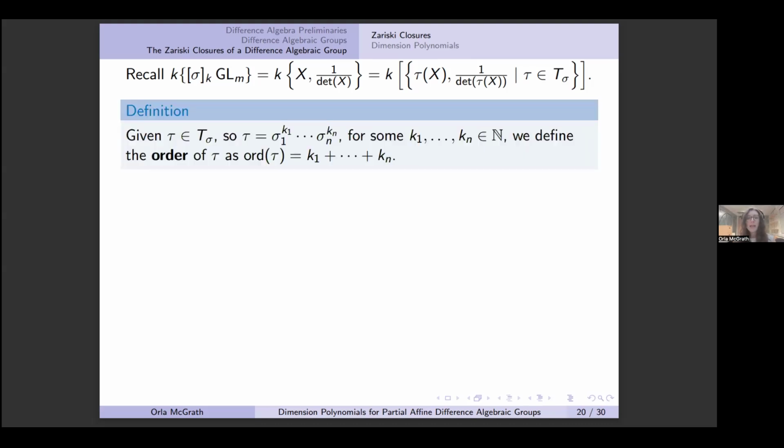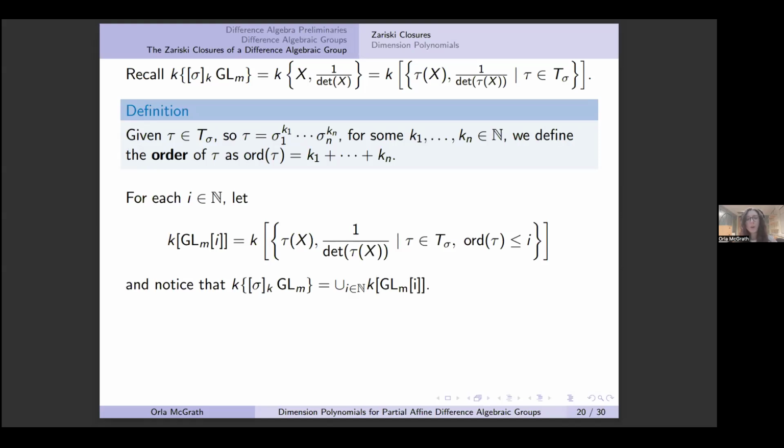The way that we're going to do this, we're going to define a natural order on our set of transforms. As we said, any element in T sigma can be written in this nice form because of the fact that our endomorphisms are pairwise commuting. So we can define the order of any transform to be the sum of its indices. Therefore, we can consider all of the transforms up to a certain order, which is exactly what we're going to do.